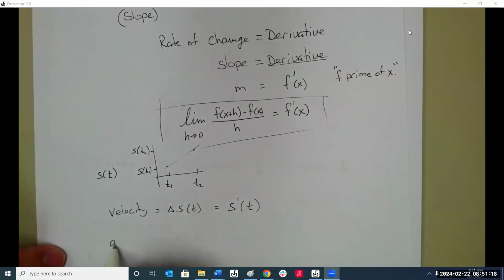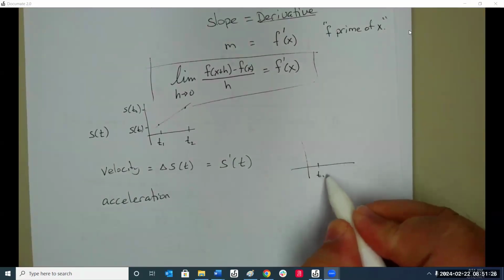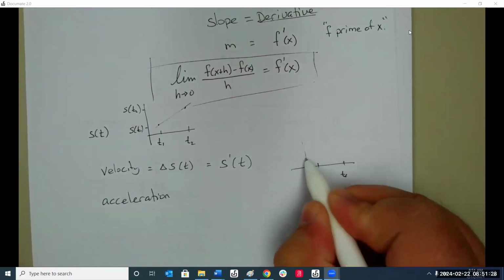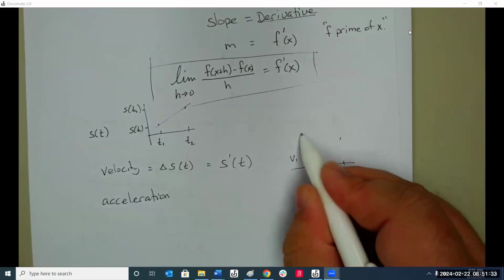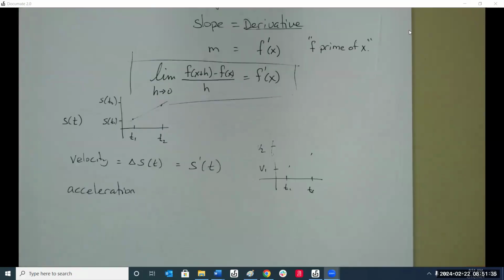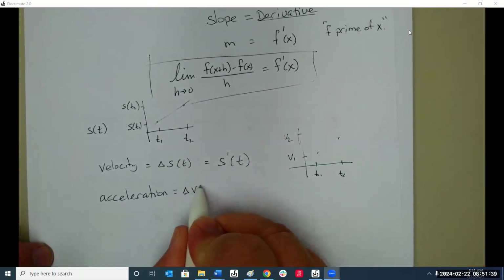Well, then what's acceleration? Acceleration over time is velocity 1 and velocity 2. It's the change of velocity.